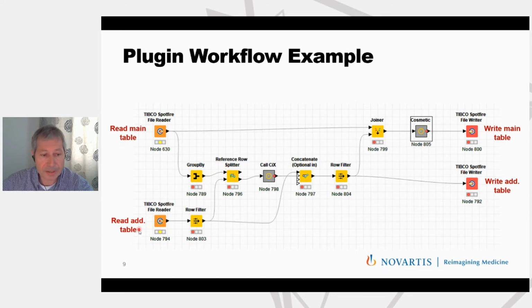And the past calculated data is stored into an additional table. Such a workflow, which provides data that is not part of the standard process, can easily be managed by people having a basic knowledge of KNIME.